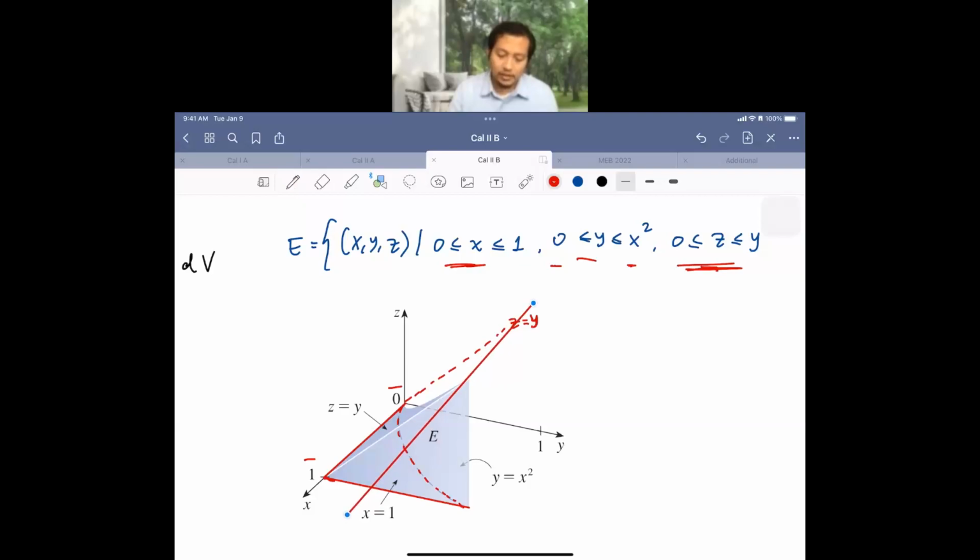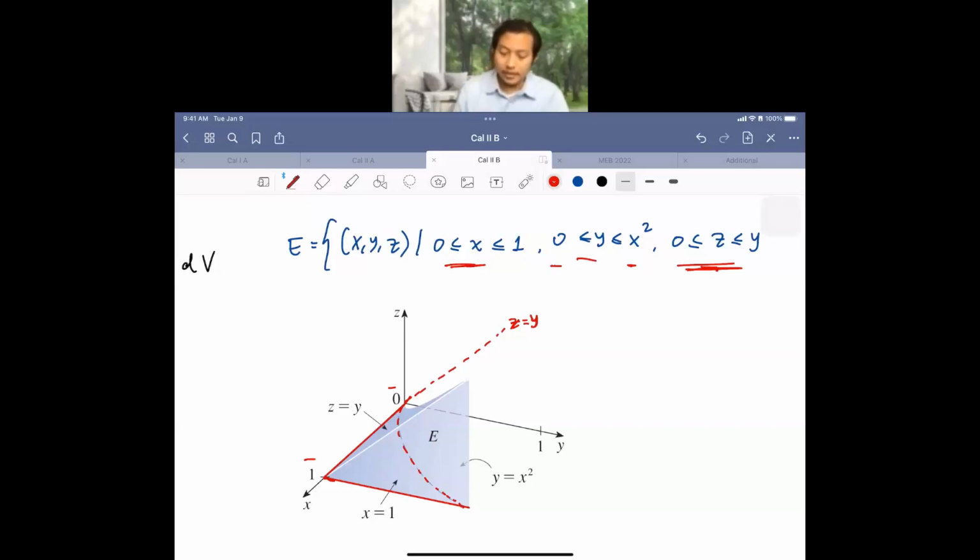If you could imagine that this is the plane that you put in the system, then the plane will be crossing all the things in the solid E that you have here, right?